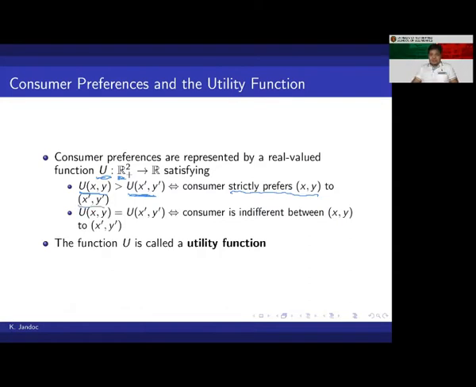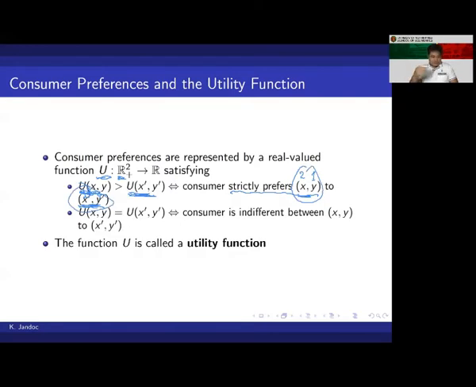So the bundle could be, say, two of x and one of y versus, say, one of x and three of y. If the number from the first bundle is higher than the number from the second, then the consumer strictly prefers the bundle xy to the bundle x prime y prime.